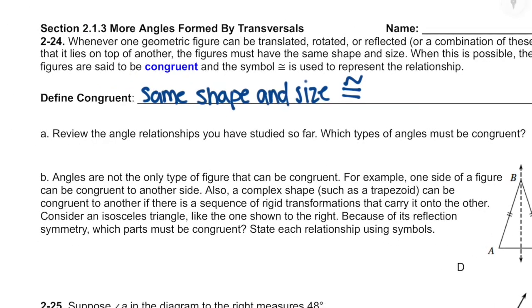So basically the difference between congruent and equal is, shapes like triangles can be congruent, or cubes can be congruent, but equal is numbers, numerical values. So like the length of this side is equal to the length of that side. But you can also say sides are congruent, so the shape and size of this side is the same as the shape and size of that other side.